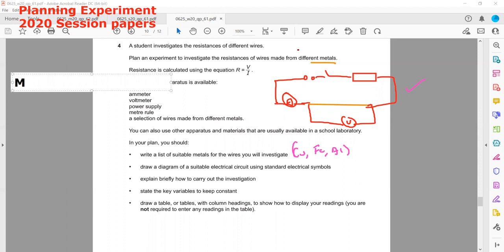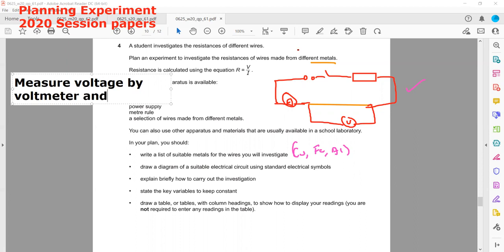So how we carry out the experiment: we'll measure voltage by voltmeter and the current by ammeter.